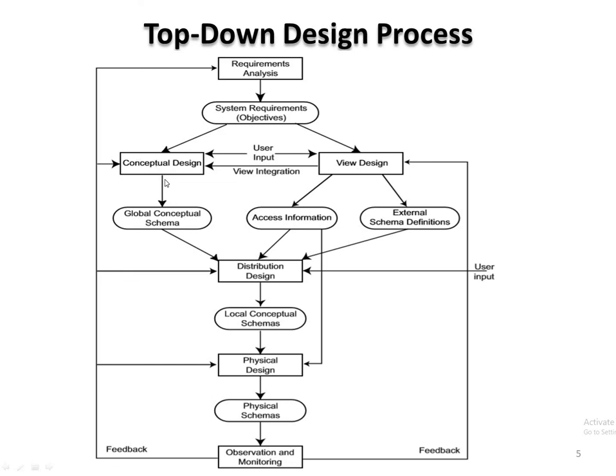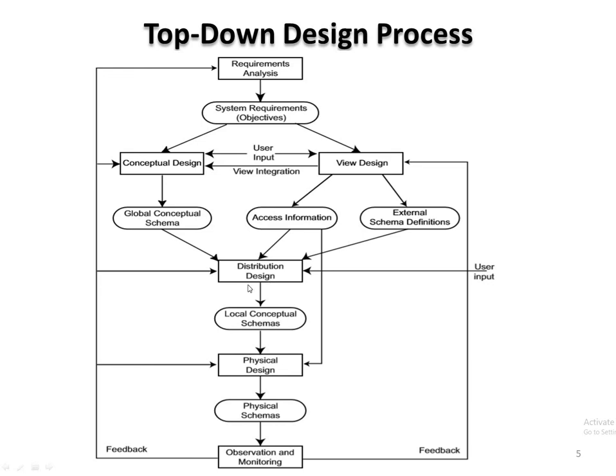Now, from the conceptual schema design, the GCS is defined, that is, the global conceptual schema is designed. This schema, the access pattern information and the external schema definitions, which are collected from the view design, are given as input to distribution design.